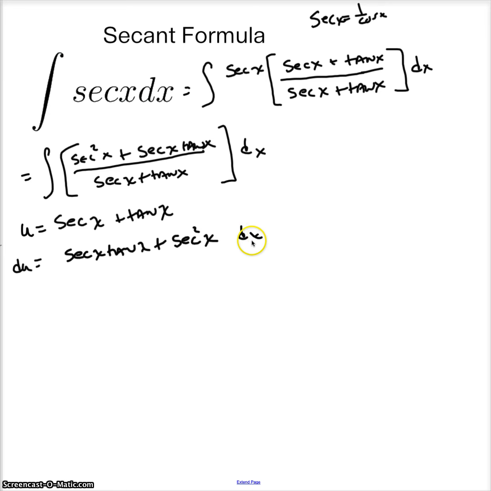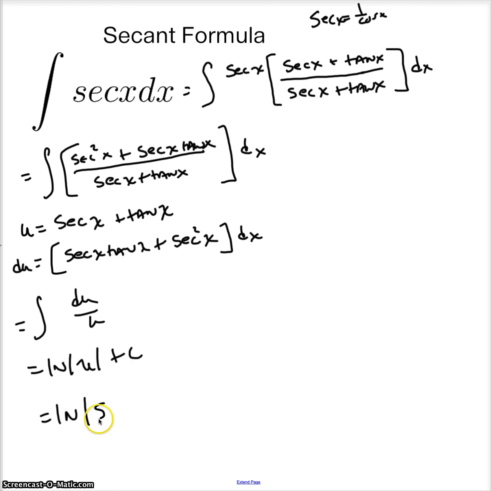Hey, that was kind of cool, kind of slick. So this becomes the integral of du divided by u. So this is a natural log of the absolute value of u plus c. So this becomes the natural log, oh my gosh, what was u again? Secant x plus tangent x plus c.